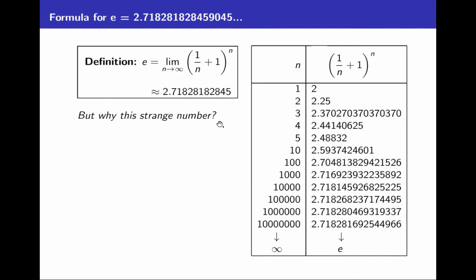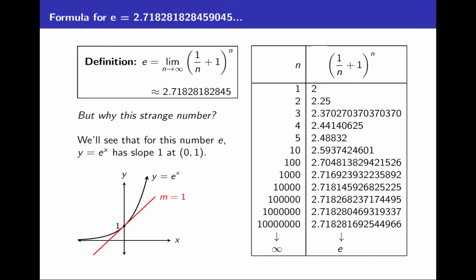Well, I'm going to convince you in the next slide that for this value of e, y equals e to the x has slope 1 at the point (0, 1), just as we mentioned previously.